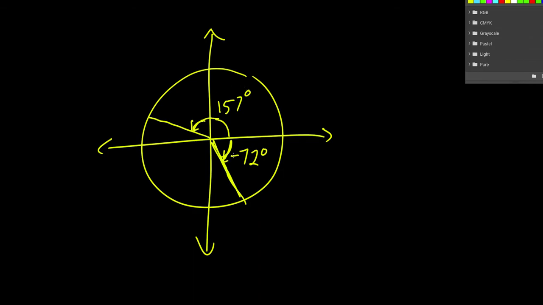Okay, so from there to there. Okay. And it says state the exact coordinates of P and Q. So P is right here, Q is right here.